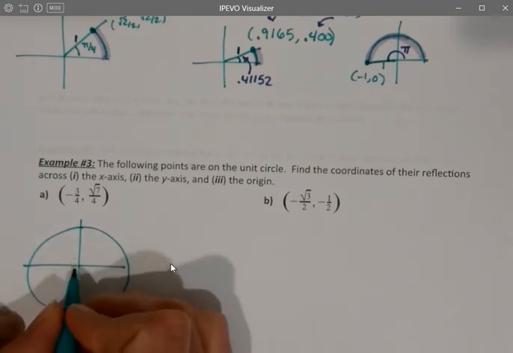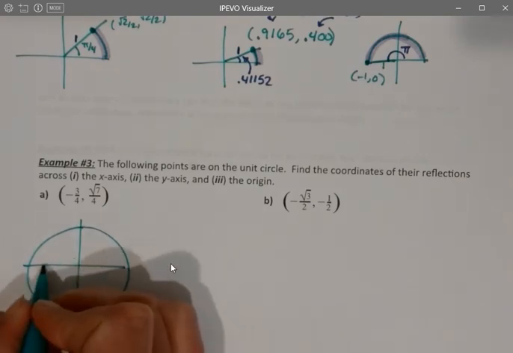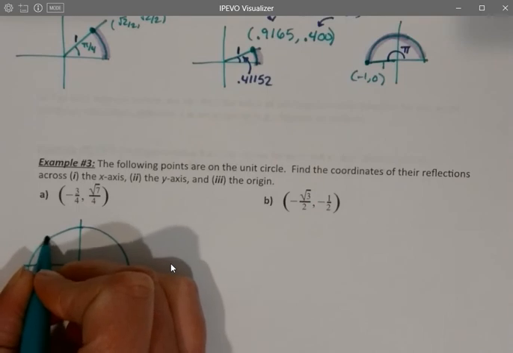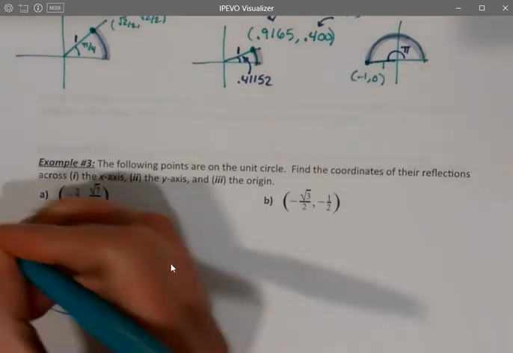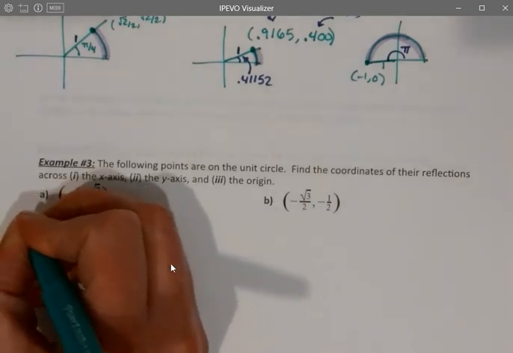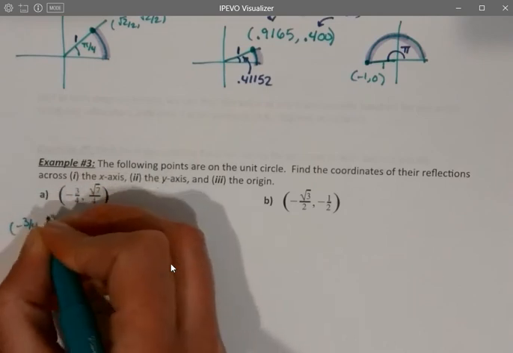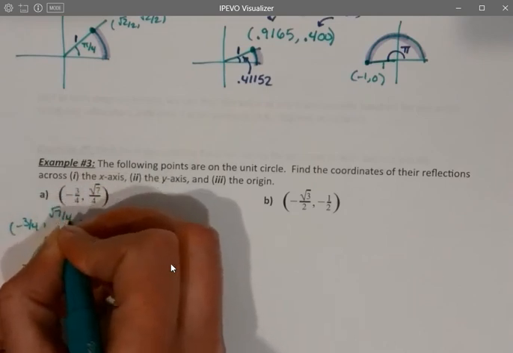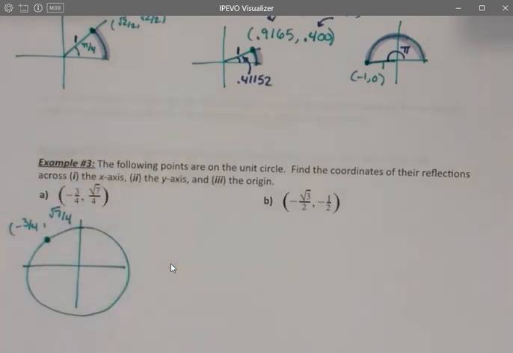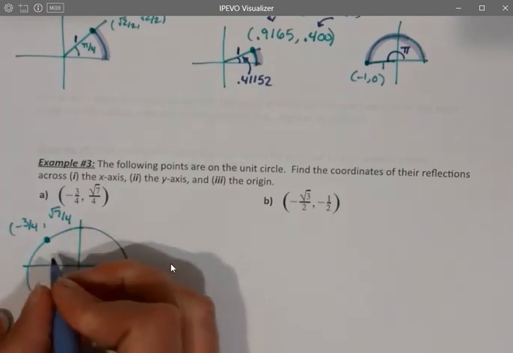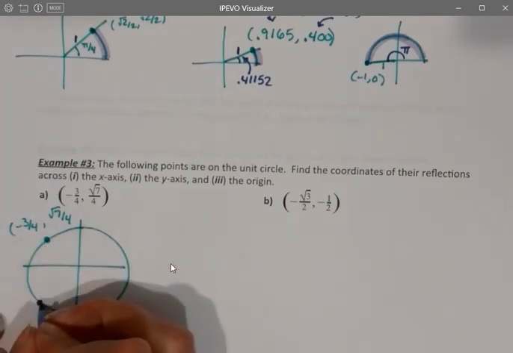So it is -3/4, comma, square root of 7 over 4. So this is the ordered pair, approximately -3/4, comma, square root of 7 over 4. So we're going to find each of the following. We want first to reflect it across the x-axis. So that's going to reflect it down here.